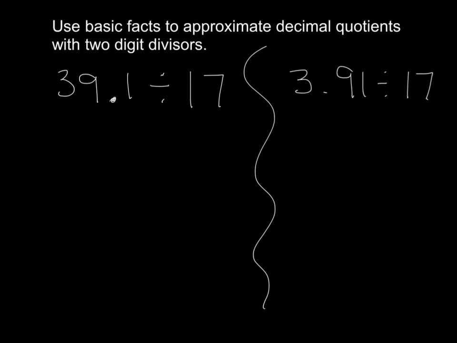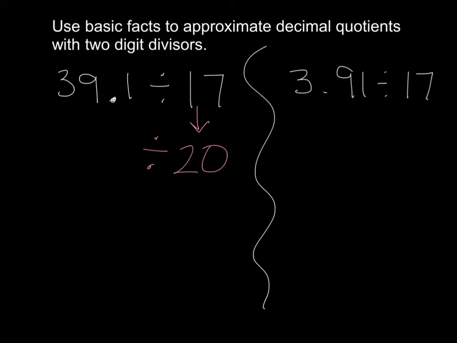Okay, so first thing we do when we estimate in division is we always estimate the divisor first. Round the divisor first. I'm going to round the divisor to 20. Then I'm going to think about, using my basic facts, what could I round 39 1/10 to so that it's easily divisible by 20? I can easily make groups of 20.